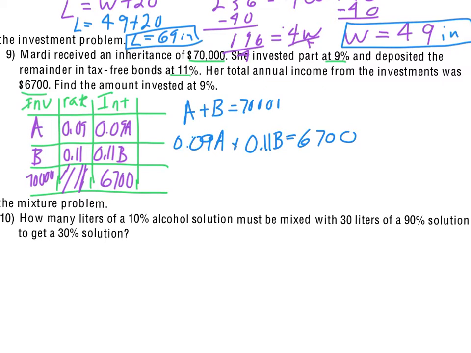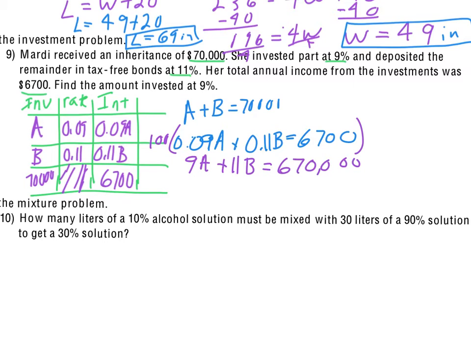One thing I will do before I do that, though, is multiply both sides of this equation by 100, and that leads to 9A plus 11B equals 670,000. Now, it does give us a big number at the end there, but I think we'll appreciate not having to deal with those decimals at all.